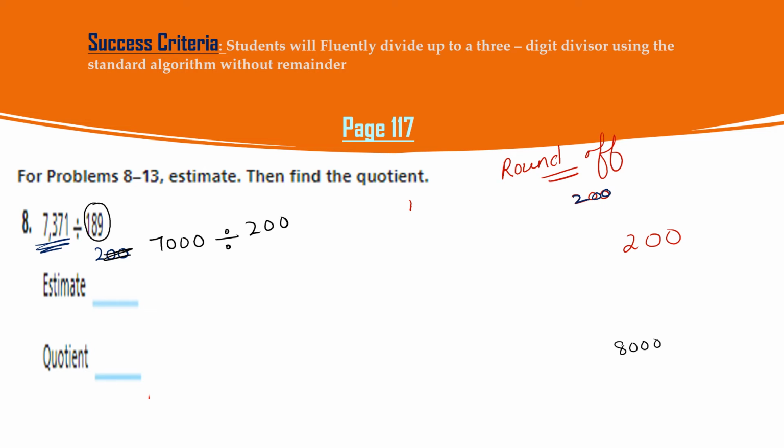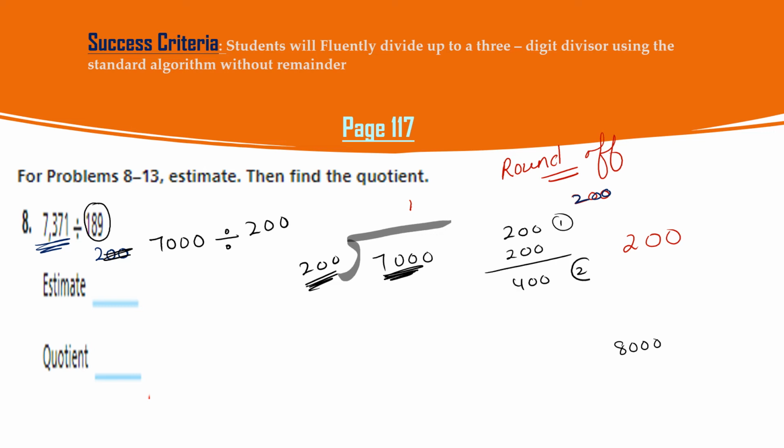Okay, so here what we will do? Inside we will write 7000, outside we will write 200. Now here 3 digits, so you write here 3 digits. Write the times table of 200. So 200 one time, you add one more 200, so it gives you 400, the second time.